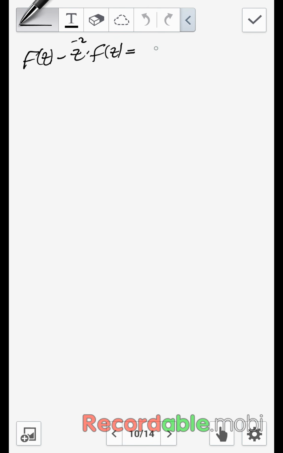If you take F of z common, it will be 1 minus z to the power of minus 2 equal to z to the power of minus 1.